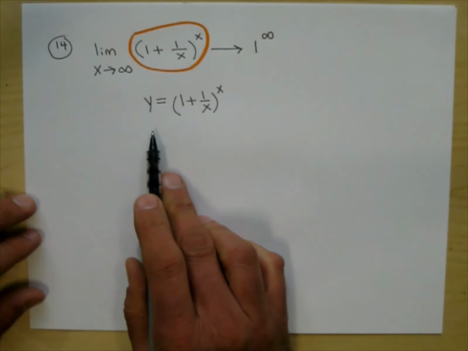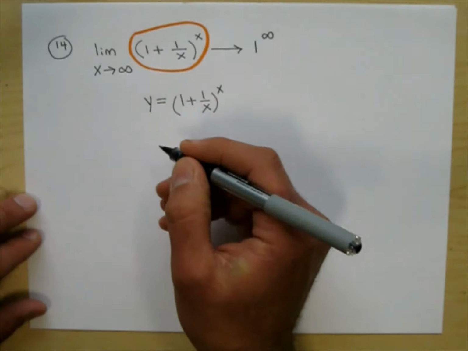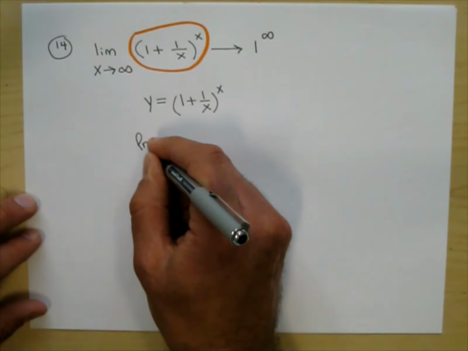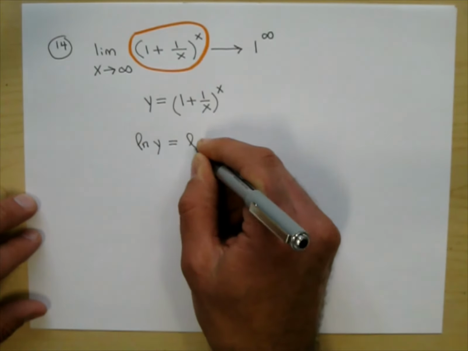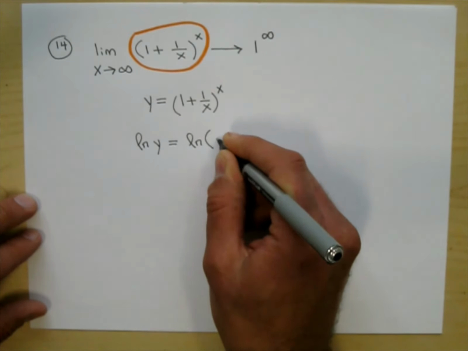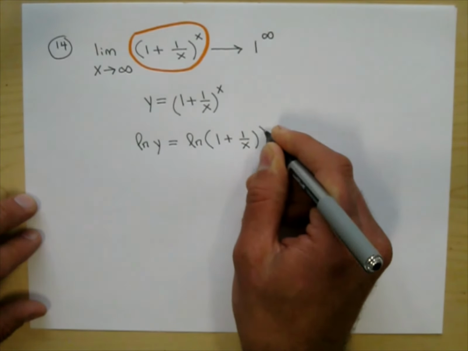Now I'm going to ln both sides of this equation. Take the natural log on both sides. So ln y equals the ln of 1 plus 1 over x raised to the x.